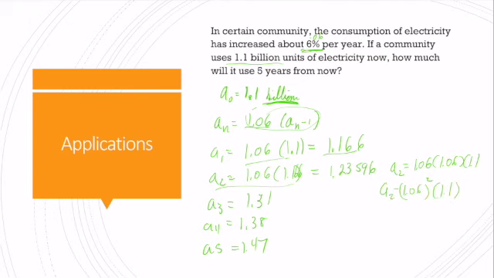So this would allow us to write this as a geometric series. I have a sub n equals 1.06 to the n times our original amount of 1.1. This would be a much better way, especially if they asked how much we'd use 50 years from now. Using a geometric sequence would allow us to calculate this more easily.